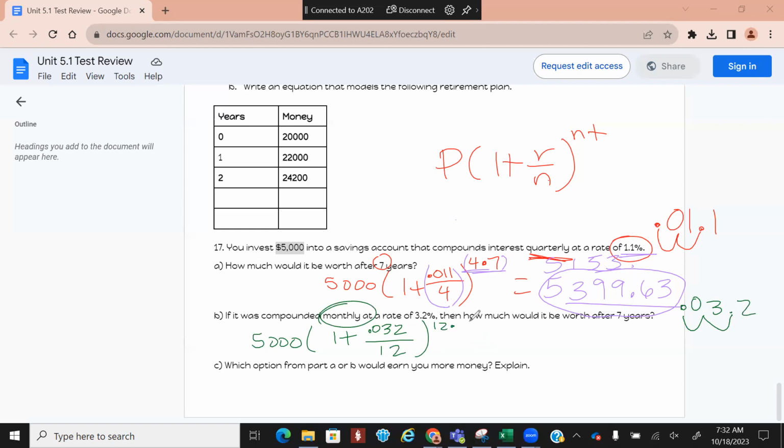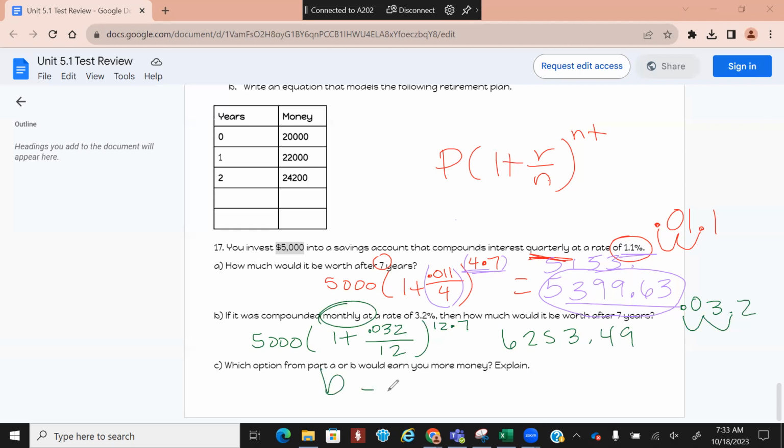And then we're going to multiply 12 times 7. If we type this into our calculator, I got 6,253.49.